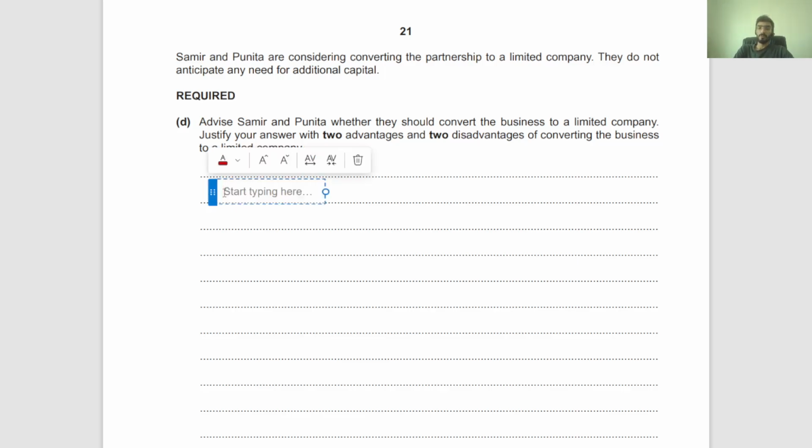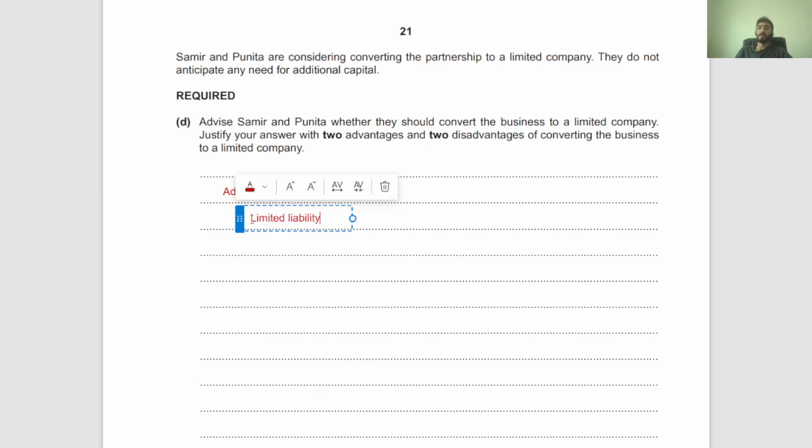Okay, advantages of converting. Let's have a look. They will firstly have limited liability, a very popular example, so they will lose the amount up to their investment, isn't it? Their personal assets are safe. Something goes wrong, their personal assets are untouched. Nobody's going to come for that. Limited liability status is available.